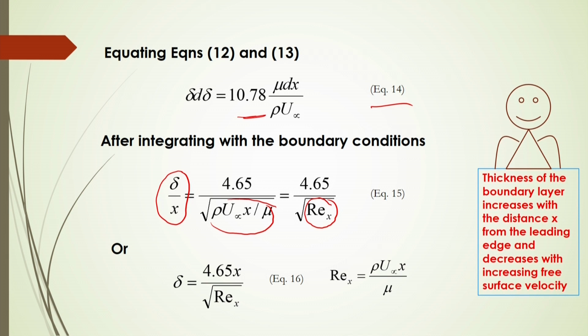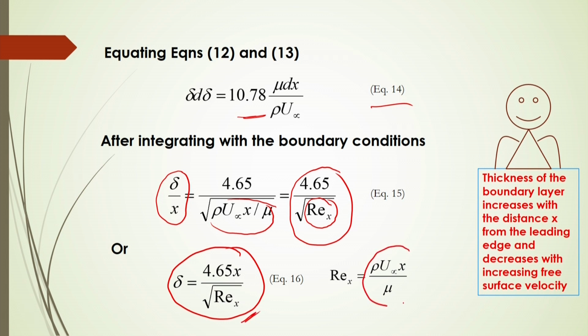So, delta by x equals 4.65 by root over the Reynolds number. This delta is now a function of x. So, delta equals 4.65 x by root over Re x, where Re x is defined as rho u infinity x by mu.